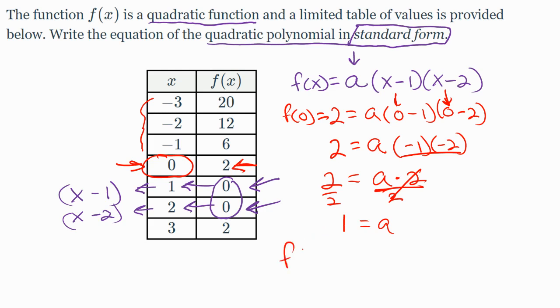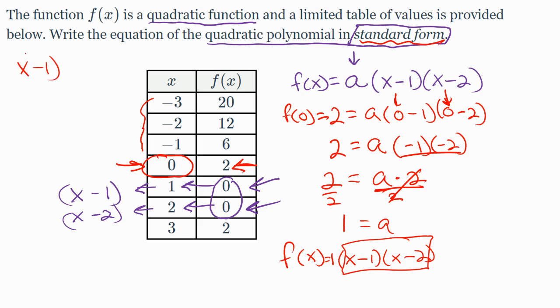And so my function is f of x equals 1 times x minus 1 times x minus 2. The directions, though, call for standard form. So to finish this problem, all I have to do is double distribute or FOIL. So I'll do that over here on the left, x minus 1 times x minus 2.